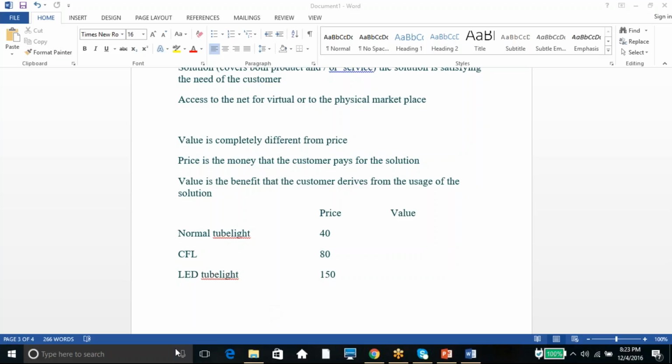So if we see the benefit that the customer derives, then it is the lumens of light given by the product for the energy cost spent.